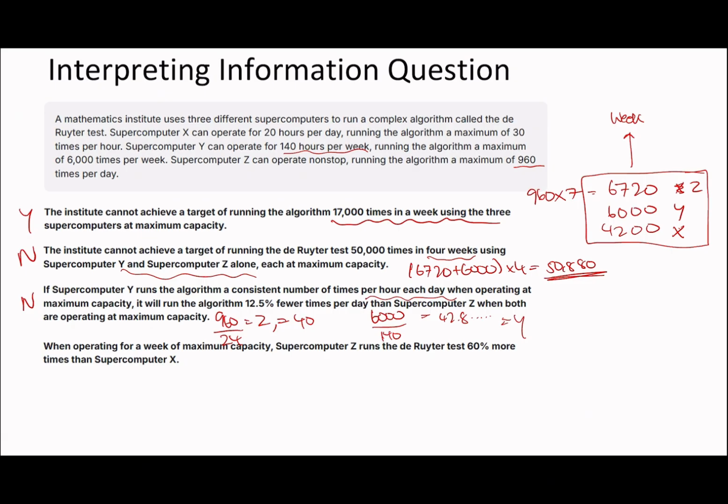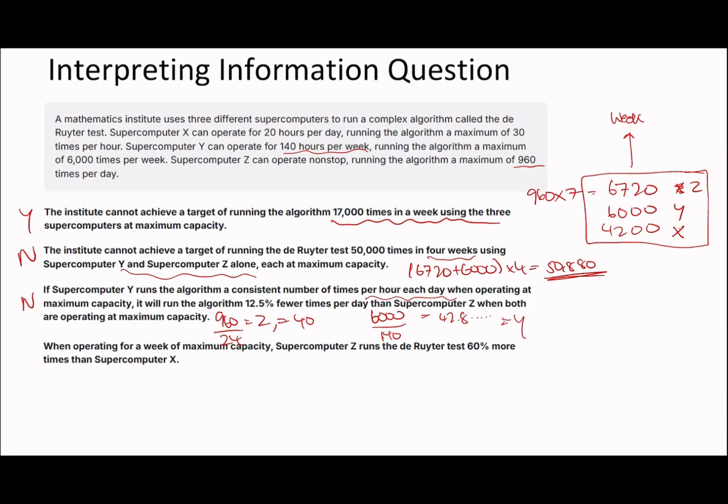Okay, so when operating for a week at maximum capacity, supercomputer Z runs the De Ruyter test 60% more times than supercomputer X. So once again, because we already have the numbers here, it should make our life a lot easier.